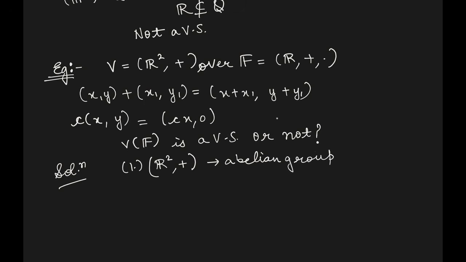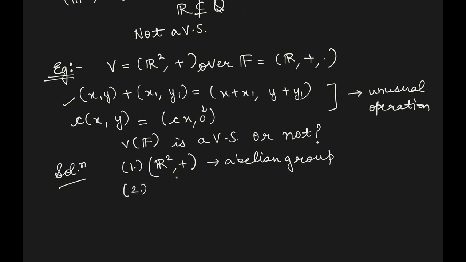Firstly the trick will fail here, na, because the operations are not usual. This is an unusual operation. This is okay, but here if a scalar is multiplied by (x, y), then it should be (cx, cy), but the second entry is 0, na? So that's why it is not a usual operation.